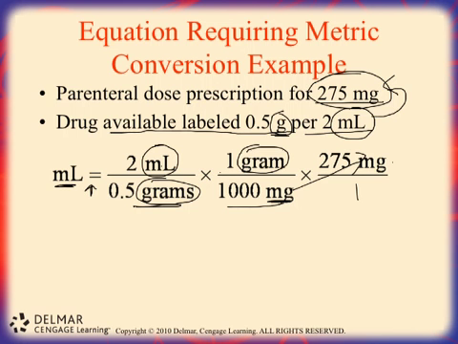So you can see here the pattern. It just continues. Milliliters, grams, milligrams. And these can all be canceled out. And you're left with milliliters for your answer, and you've done your conversion in the equation.